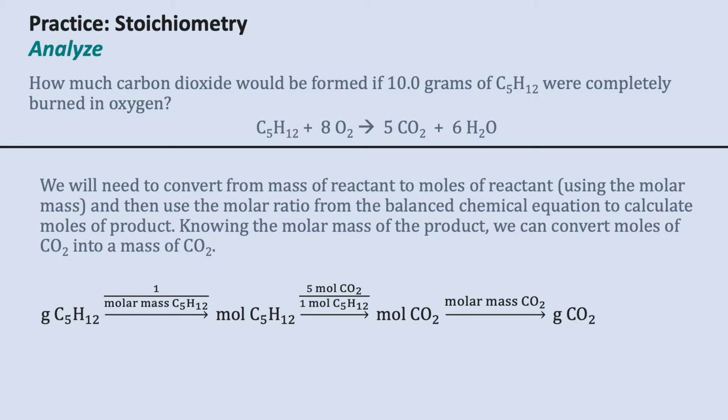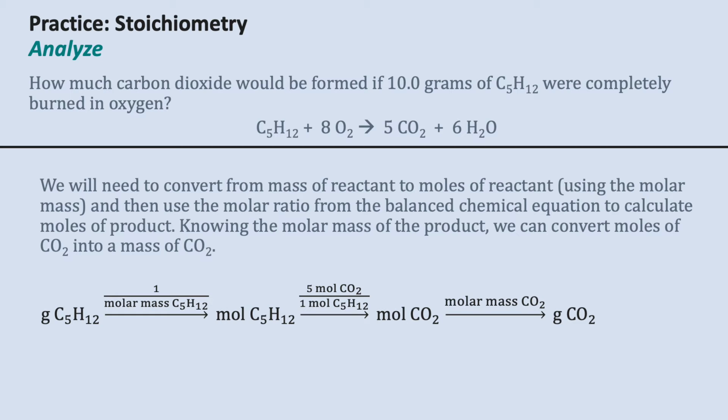What we're looking at in terms of an overall strategy, we know the grams of C5H12. If we have its molar mass, we can convert to moles. And then the key part here, the concept that's super important from this part of the module, is that we can use the relationship between the coefficients in this balanced reaction to relate the number of moles that you would produce or that you would use up related to anything else within the reaction.